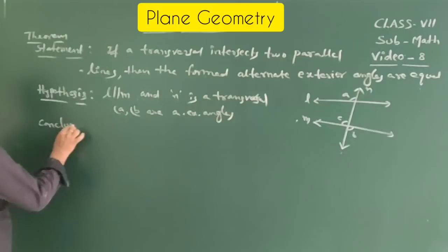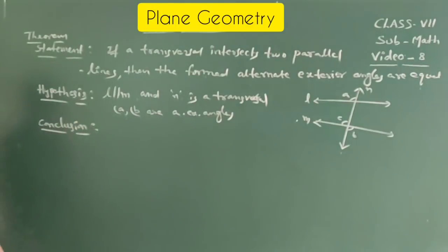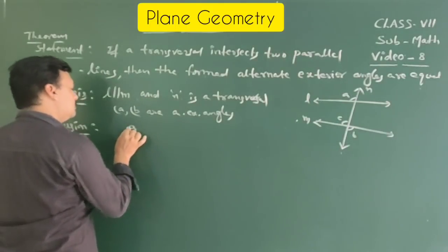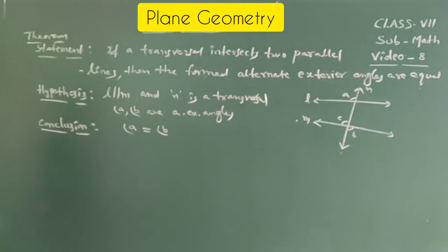Conclusion: we need to prove angle A equal to angle B. Alternate exterior angles are equal, we need to prove.